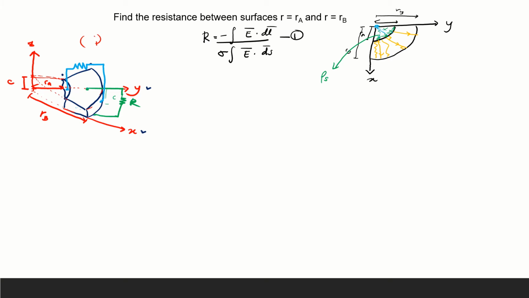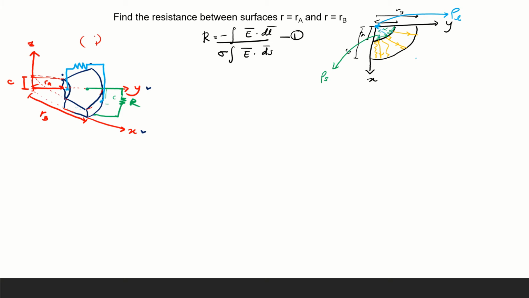In that case, we can say there is also the possibility of a line charge lying along the z-axis, which may also produce this electric field.